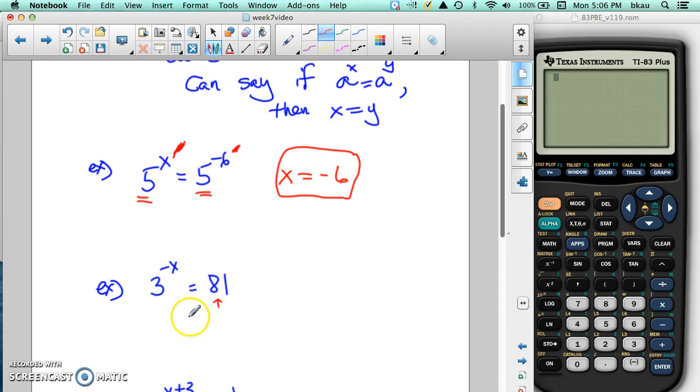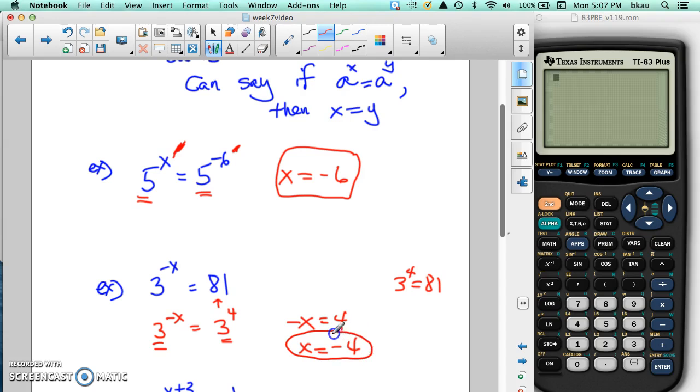So we could rewrite this problem as 3 to the negative x is equal to 3 to the 4th power, because 3 to the 4th power is 81. Once you figured that out, you can put that in there. Now we have the bases are the same, so that means the exponents have to be the same. So negative x has to equal 4, then that means x is equal to negative 4. So that's the solution to this one.